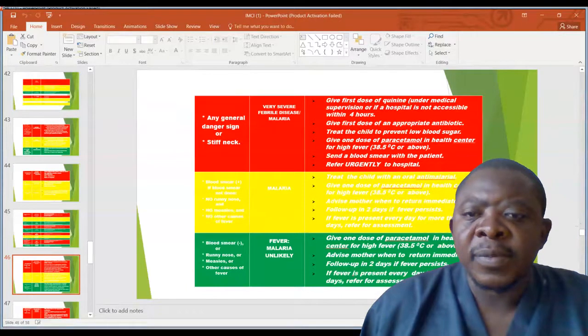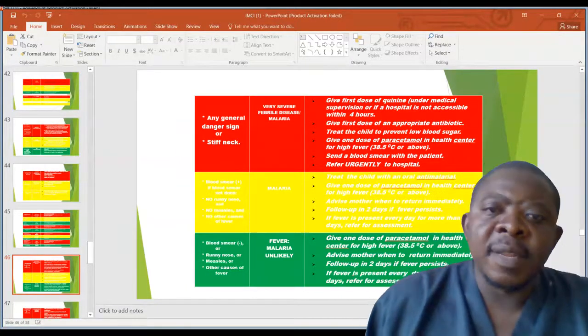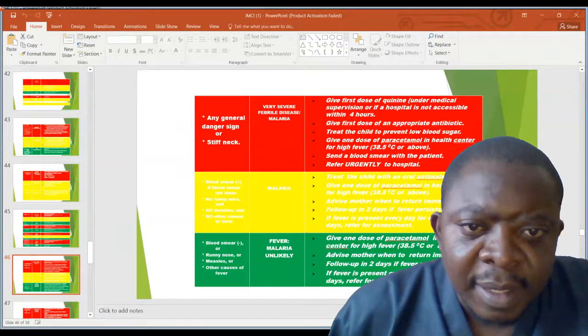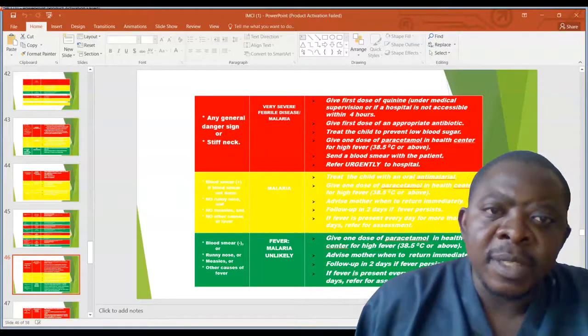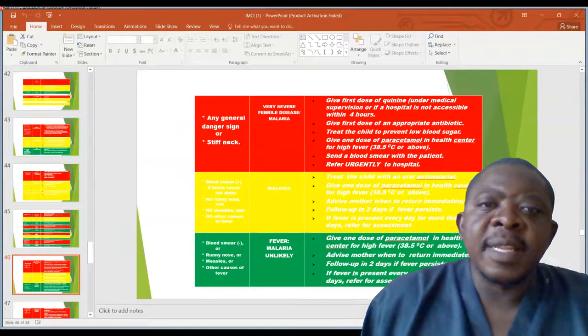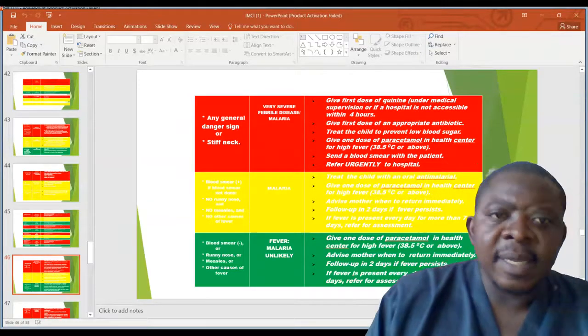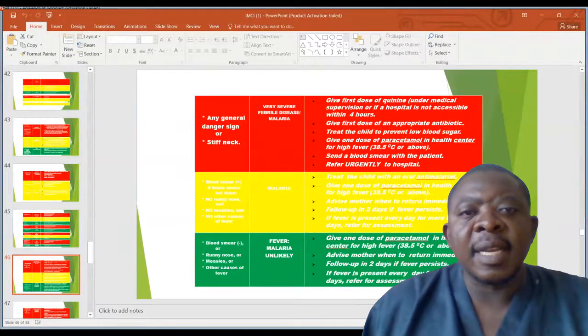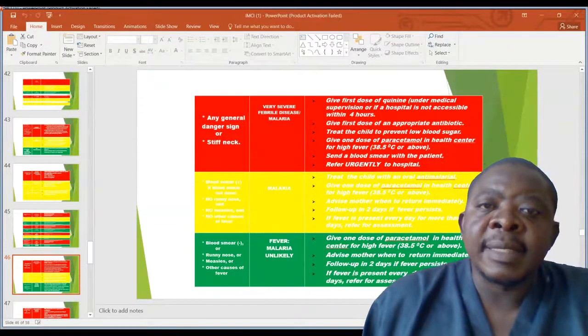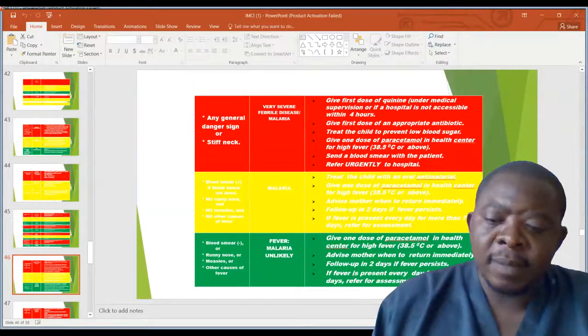So you can give a dose of paracetamol and advise the mother when to return immediately. But if the malaria test is positive with no complications, then that will just be malaria. Then you give treatment with Coartem. Then if any danger sign is noted, like stiffness, lethargy, unconsciousness, fitting, convulsing, then that will be very severe disease, that is malaria.